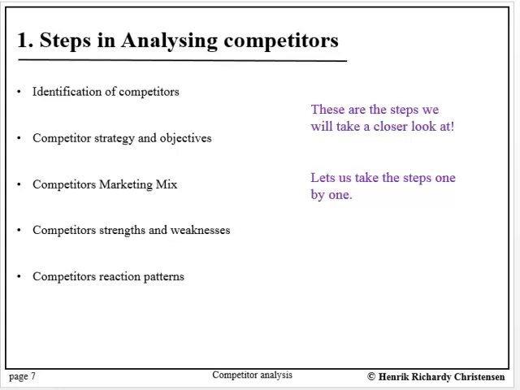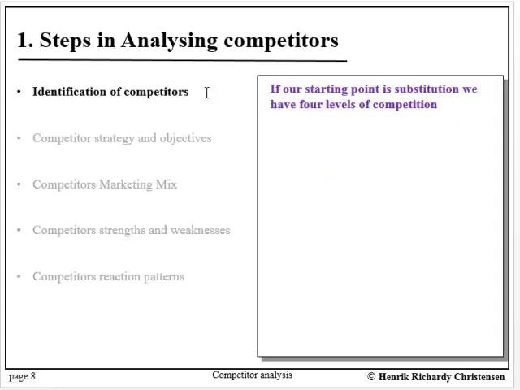We will take a closer look at these steps one by one, but please note that we have to identify competitors. We cannot analyze anyone unless we know who they are. So let's move on to the next step, namely identification of competitors.